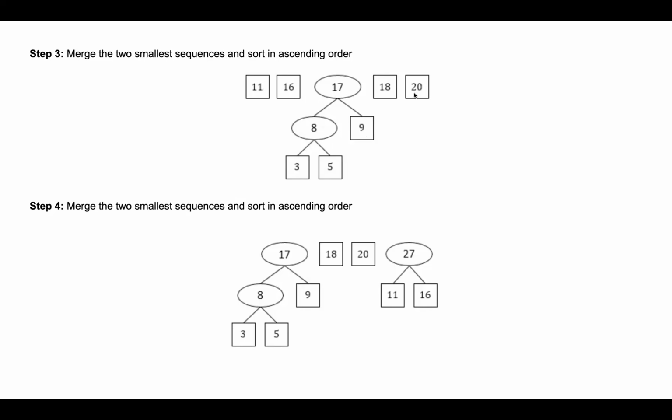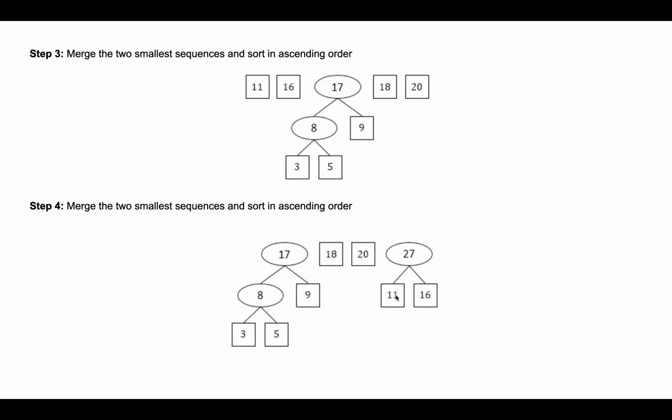Okay, now again merge the two smallest sequences and sort in ascending order. The two smallest sequences are 11 and 16. It becomes 27. Where does the 27 go? At the last place. Okay, so how does it look there? 17 has the same structure, 8, 9, 3, 5, then 18, 22 and 27.